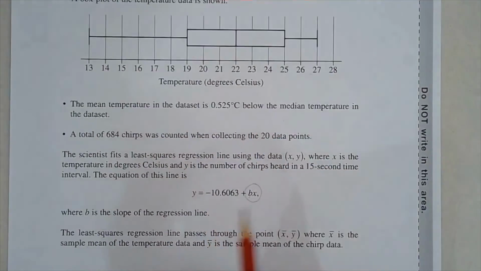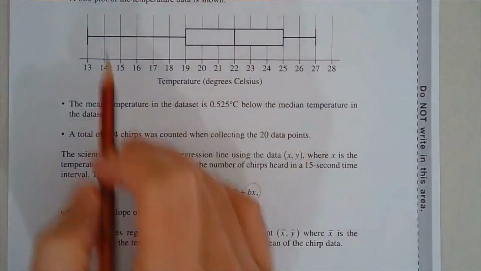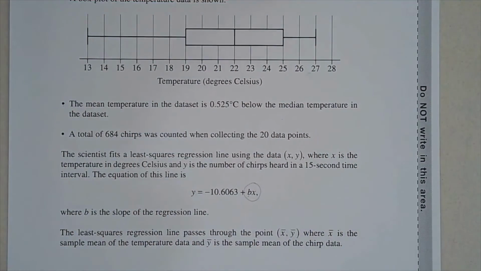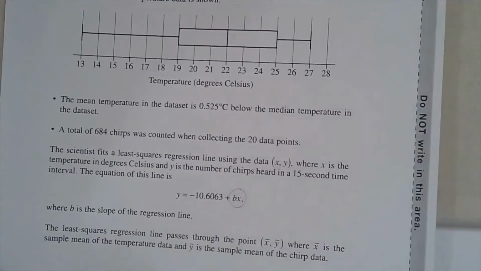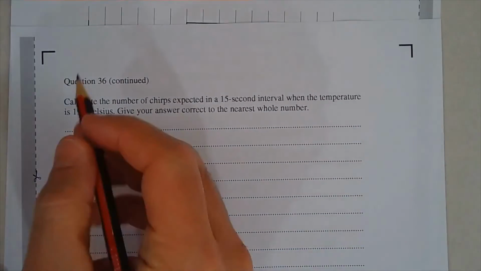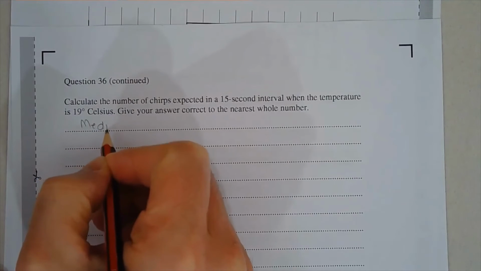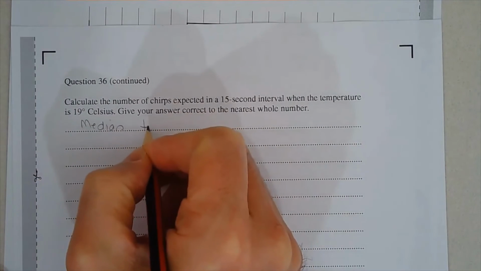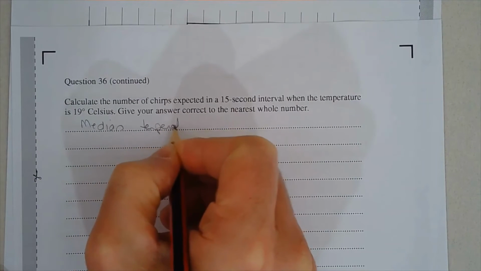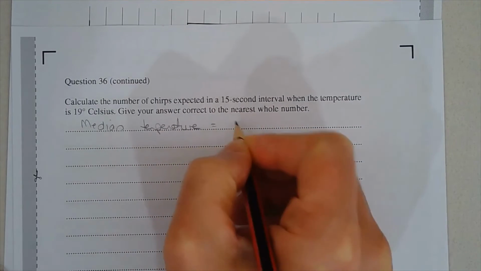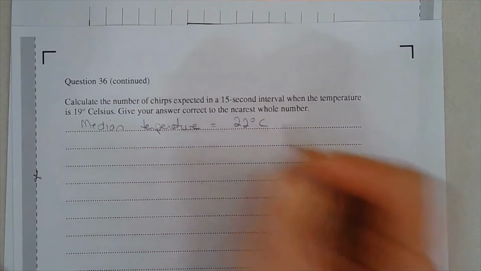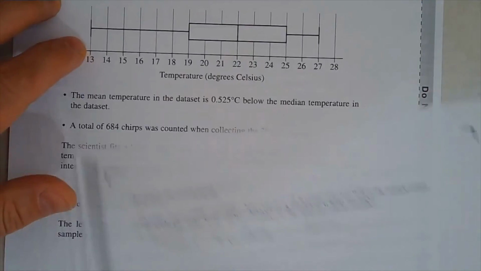It's 22. So it's important that you understand how to read a box and whisker plot and know where the median is. So what I'm going to do is write down that the median temperature is equal to 22 degrees Celsius.